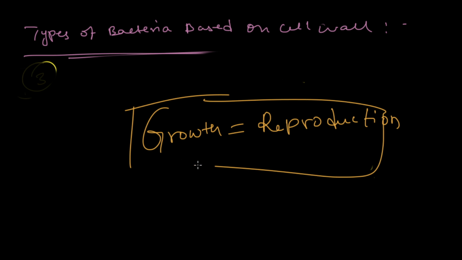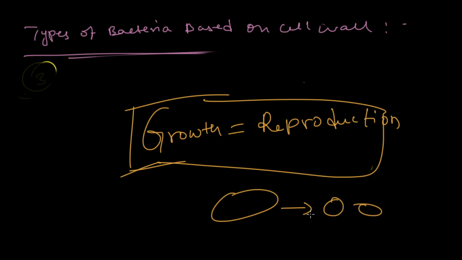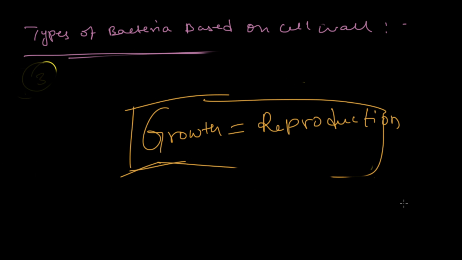Reproduction and growth are not very different, reproduction itself means growth. If one bacterial cell divides into two daughter bacteria, they are growing as well as reproducing. That is the speciality of prokaryotes.